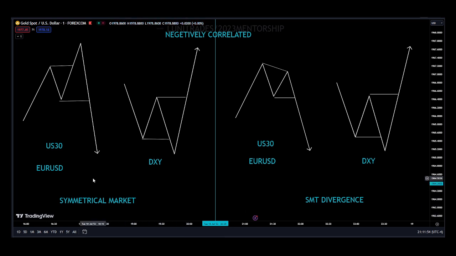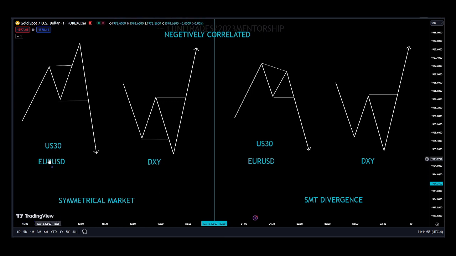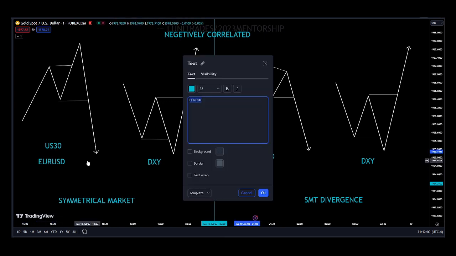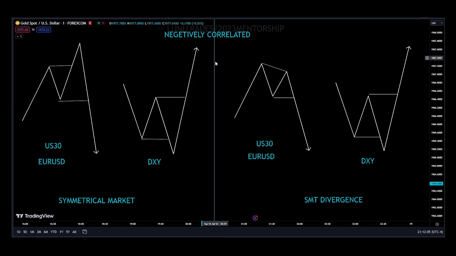Okay, now for this slide, we're talking on the negatively correlated market. Also, I'm using Euro USD as another example. If you want to understand the negatively correlated market, it's mostly correlated with the DXY. You understand? So if US 30 is moving down, the DXY is pumping.